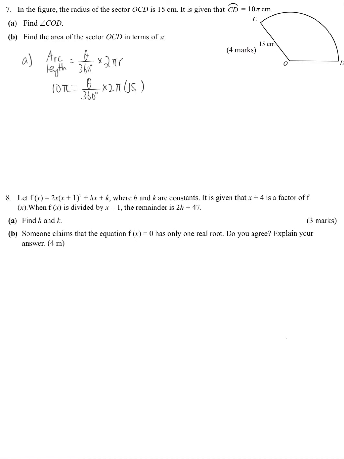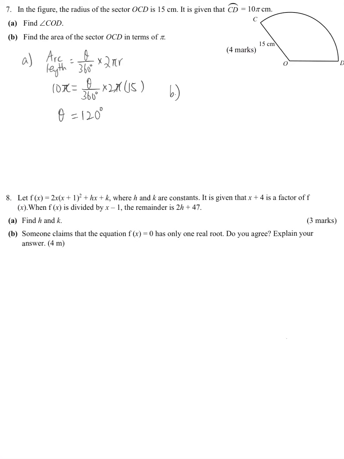First of all, what we will do is get rid of the pi's immediately, and then we can get the calculation done to get my theta. So 30, 12, so it's 120 degrees. Okay, so theta is 120 degrees.